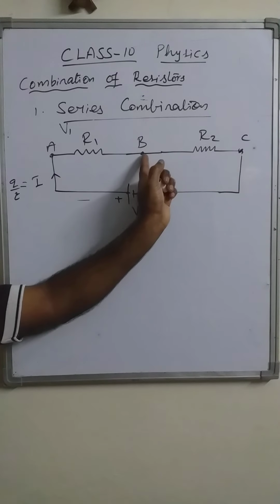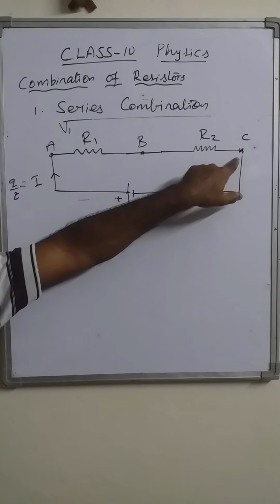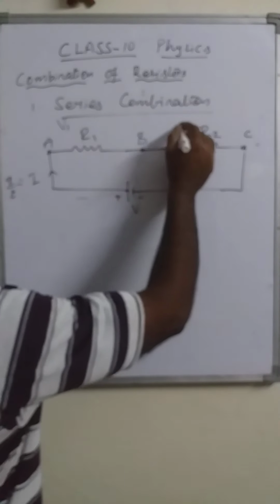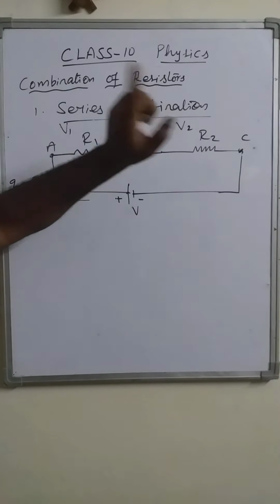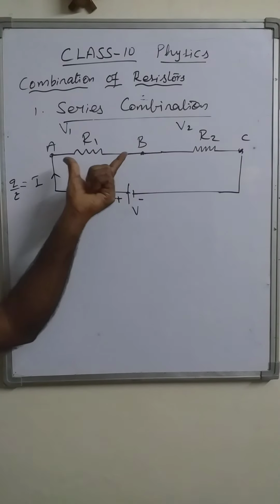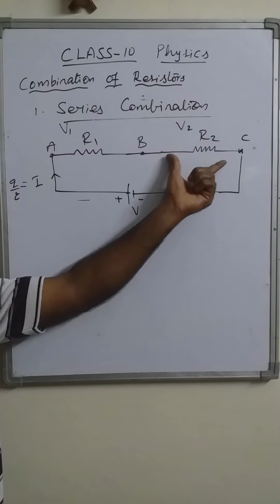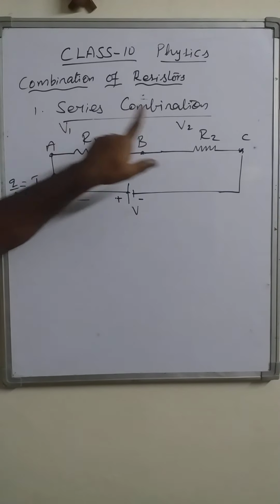So again the battery is doing the work to move the charges from B to C. Again the potential difference appears, that is W2 upon Q, in the form of V2. The work done to move the charge through R1 and the work done to move the charge through R2 are different. So V1 and V2.